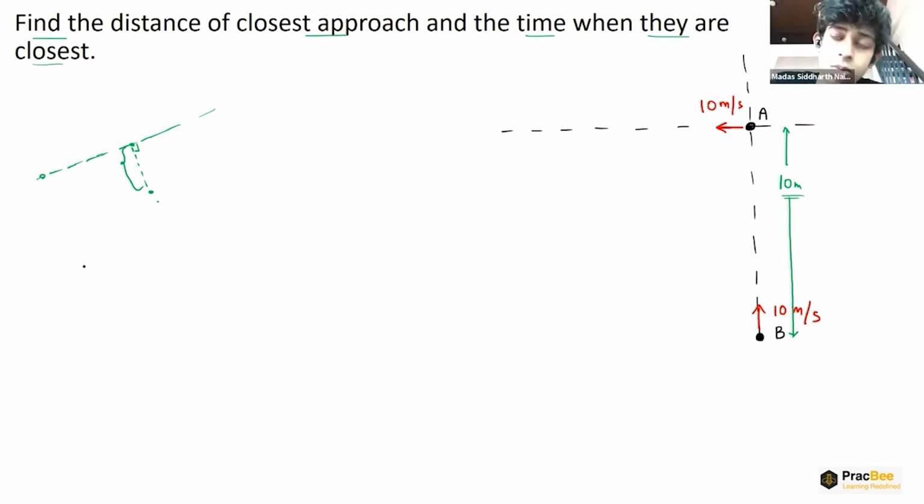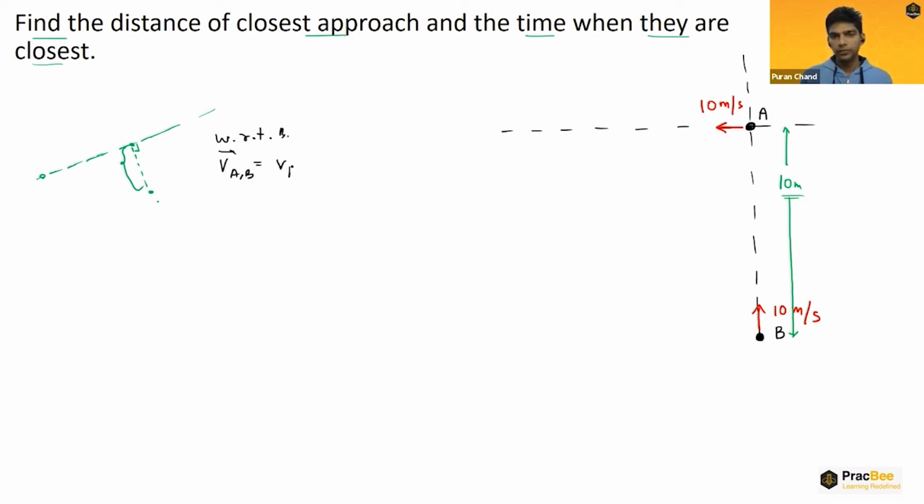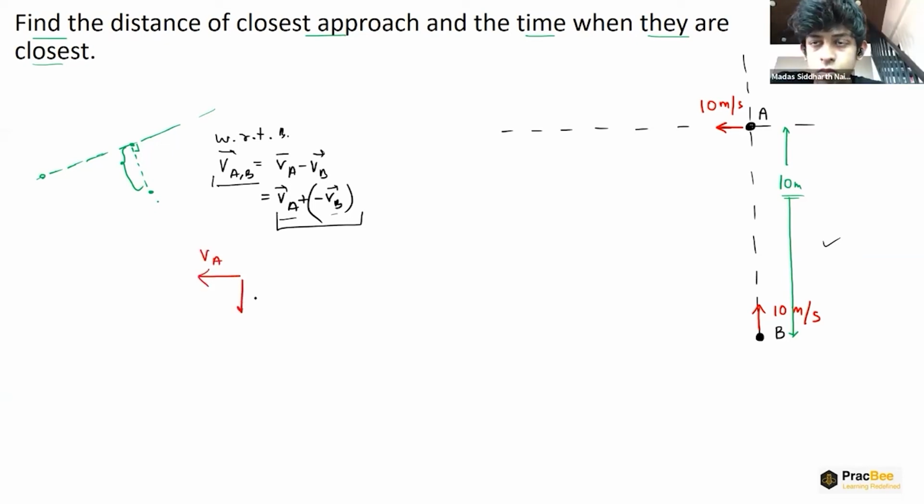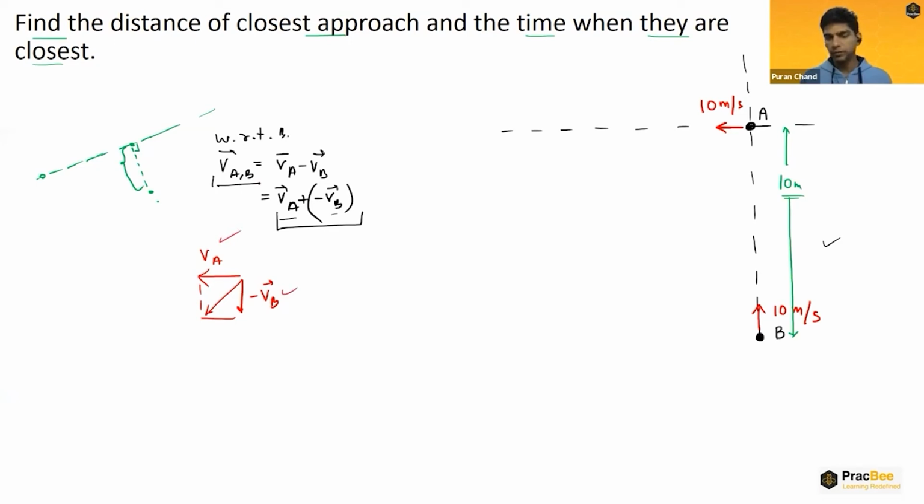So let us study this problem with respect to B. Velocity of A with respect to B will be velocity of A minus velocity of B. We can also write this as velocity of A plus minus of velocity of B. So we have VA in this direction and minus VB in this direction, and the resultant of these two will be this. VA is constant, VB is constant, so VAB must be constant.